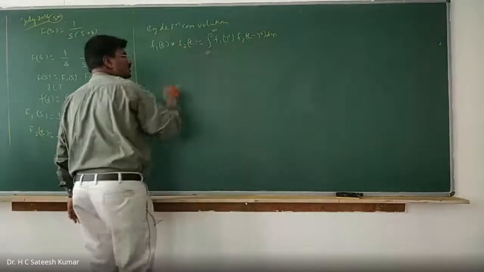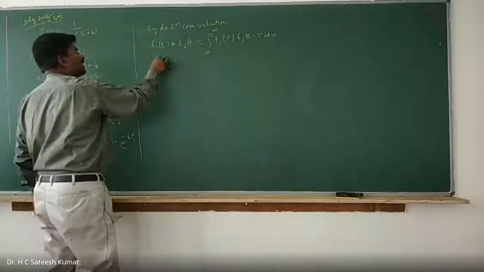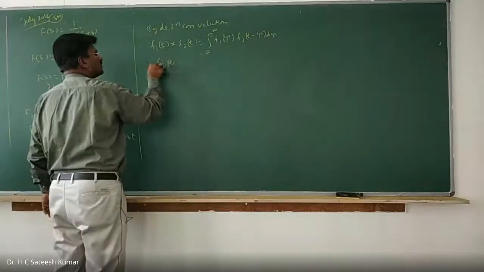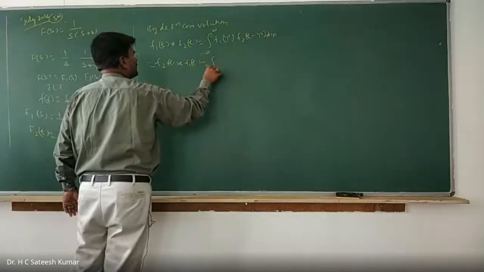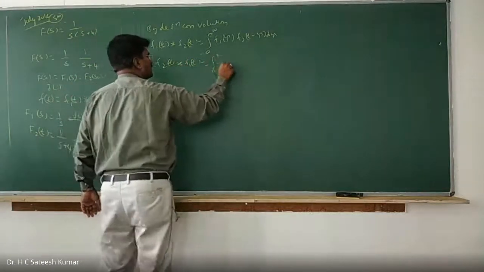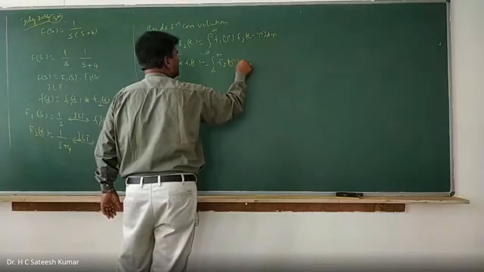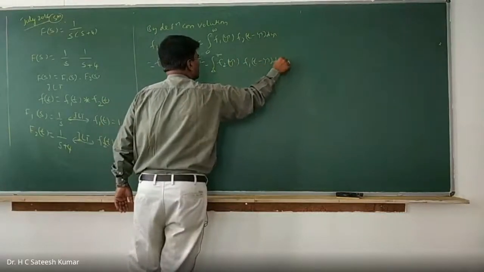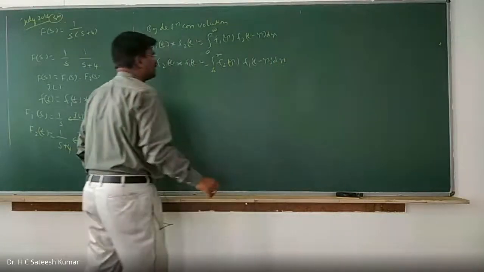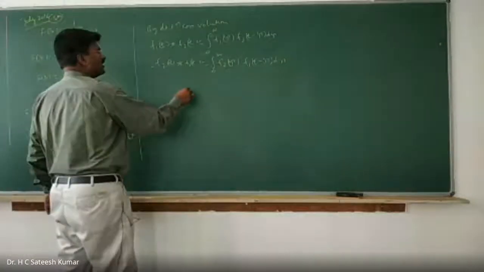Convolution is a commutative property. We can write it as f2 of t convolution with f1 of t, which is equal to the integration from 0 to infinity of f2 of tau into f1 of t minus tau d tau. Just for ease, we solve the problem this way.